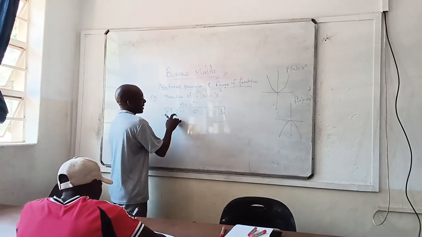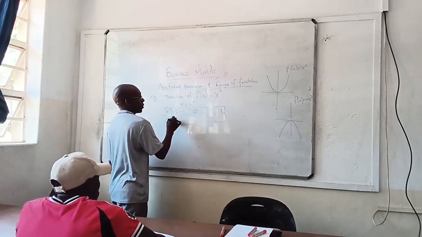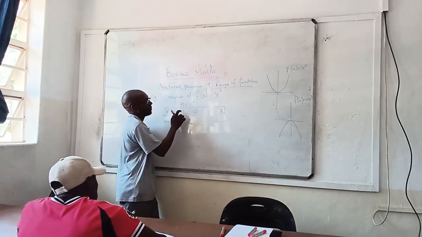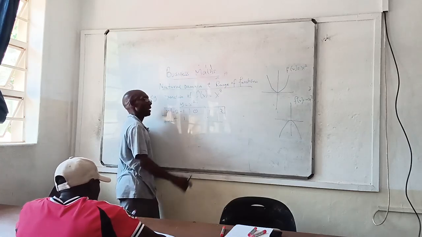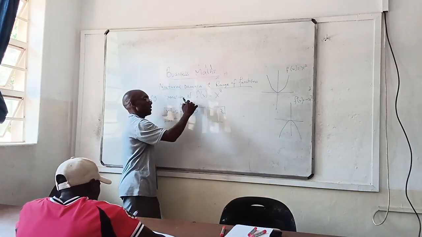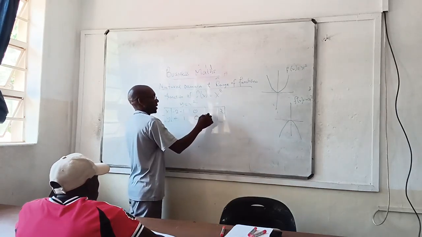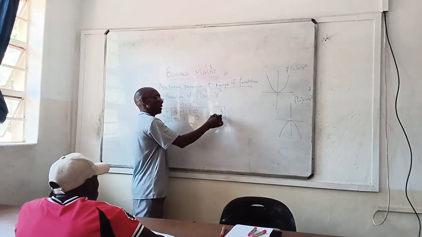When x is negative 2, this is going to be 4. So negative gives you positive, right? When x is negative 1, it's going to be 1. When x is 0, y will be 0. When x is 1, y is going to be 1. When x is 2, y is going to be 4.